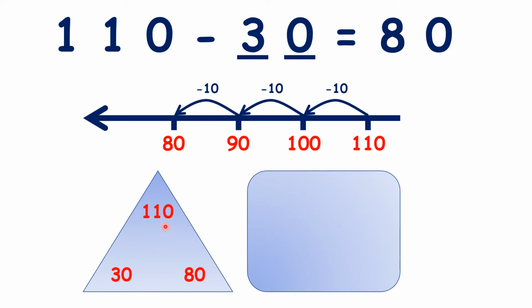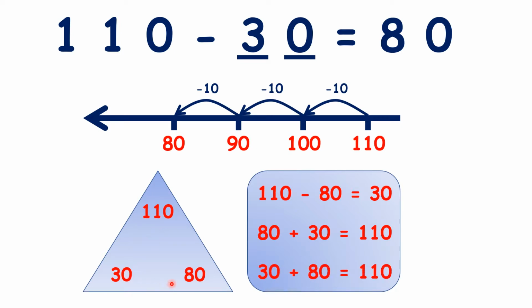We know that 110 minus 80 equals 30, and we also know 2 addition facts. We know that 80 plus 30 is 110, and 30 plus 80 is 110, because in a number family triangle, when you add the 2 bottom numbers, you get the top number, and with addition, order doesn't matter.